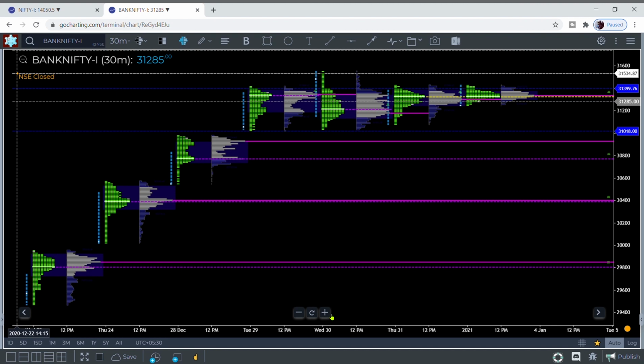Now, a lot of you who use market profile, and even those who do not, there is a basic underlying concept in market profile that says that the market tends to move from a state of balance to a state of imbalance.